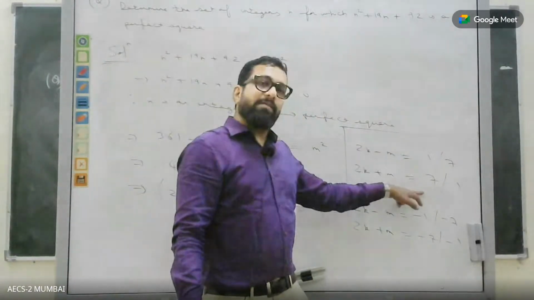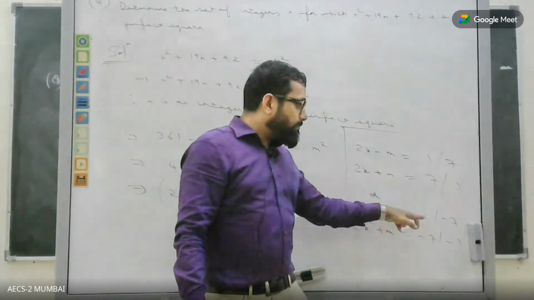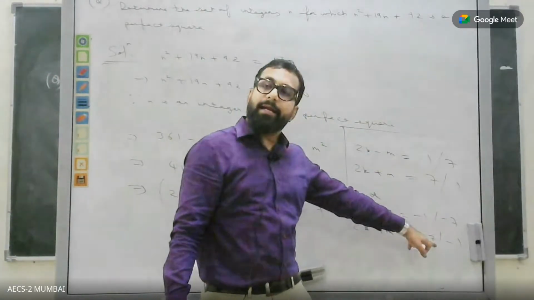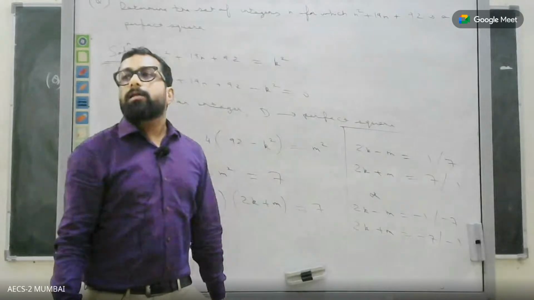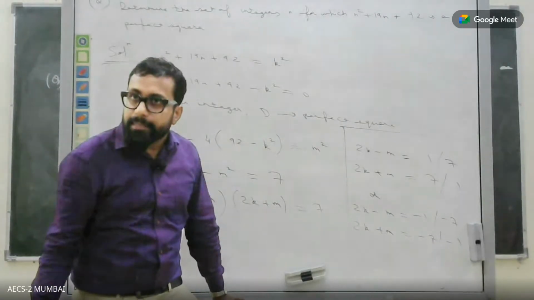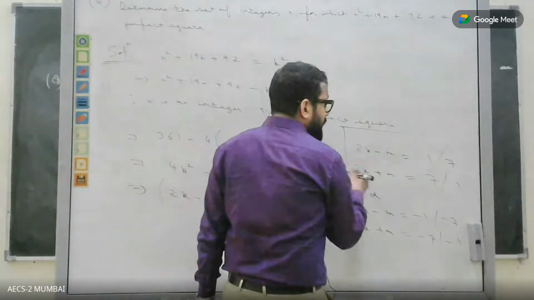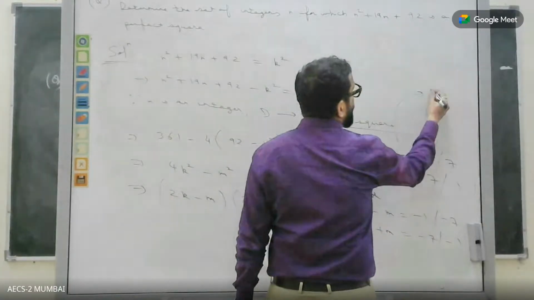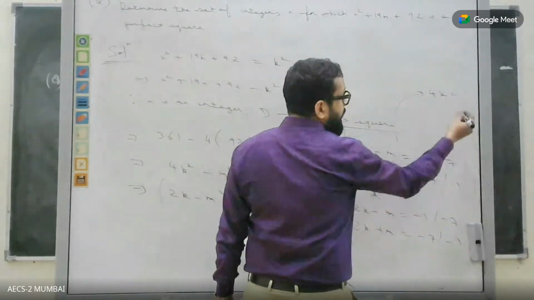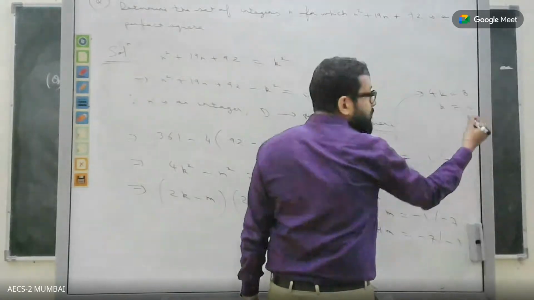This will be 1, this will be 7 or 7 1 or -1 -7 or -1 right? These are the only possible cases, correct? If you add here, यहाँ से 4k क्या मिलेगा? What is 4k? 4k is 8. That means k is 2.